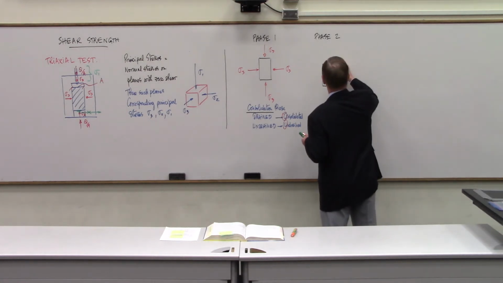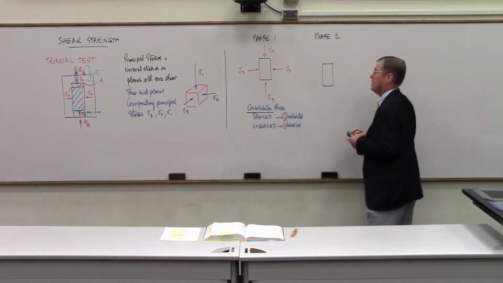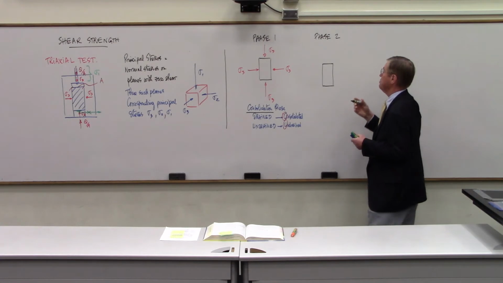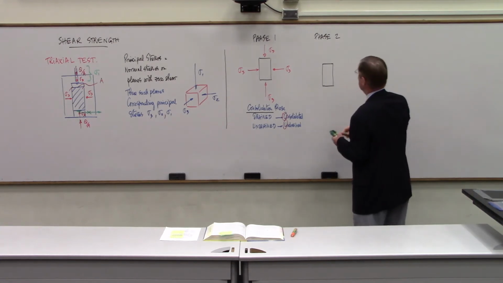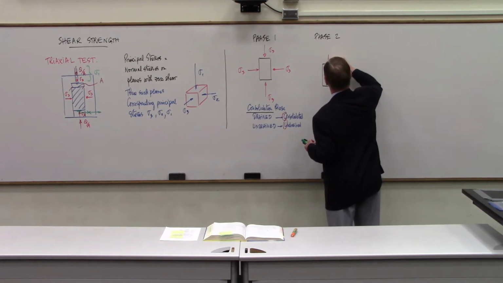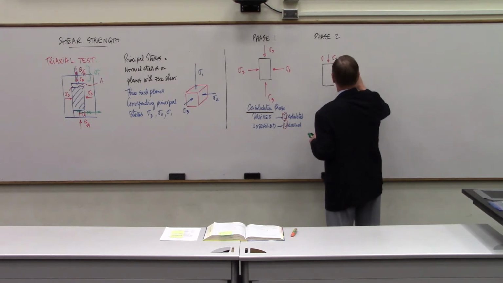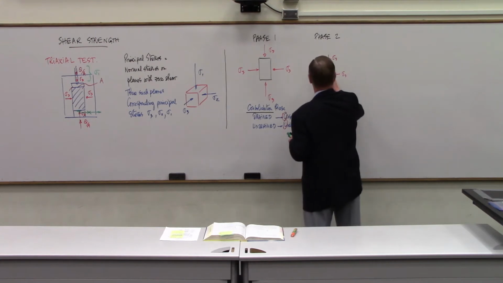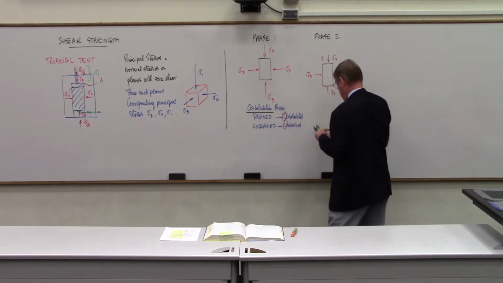If we have a very fine grained soil. So let's say that this phase is done, and we still have sigma 3, sigma 3, sigma 3, sigma 3, all the way around. Still have this confinement applied.